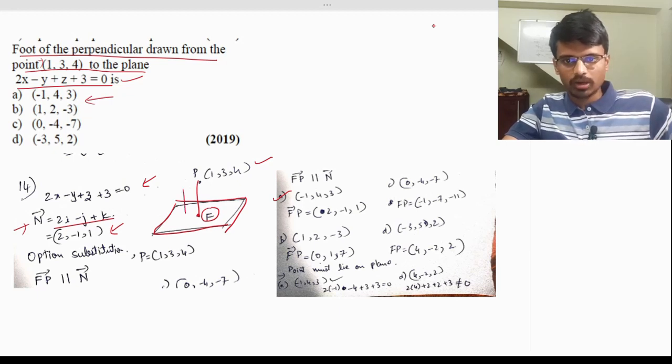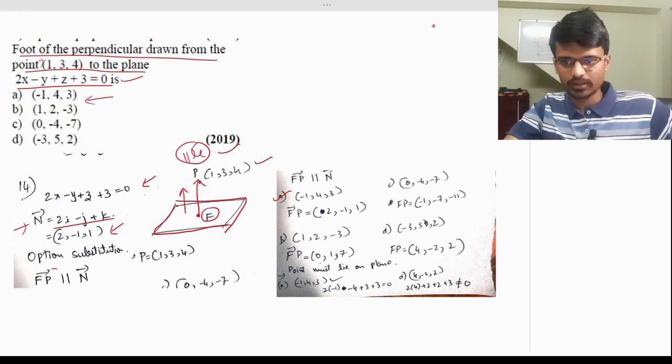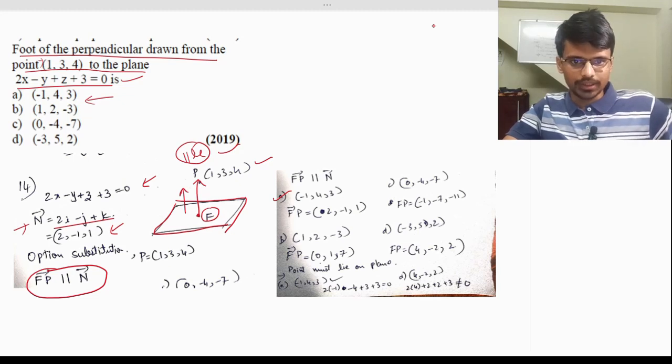My normal vector and the vector PF, these two vectors are parallel, right? This information we'll be using to solve. So my FP is parallel to my normal vector. What is my point P?